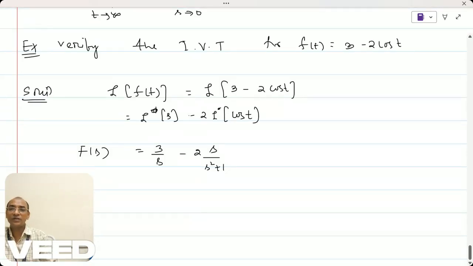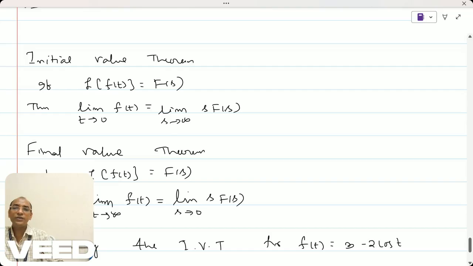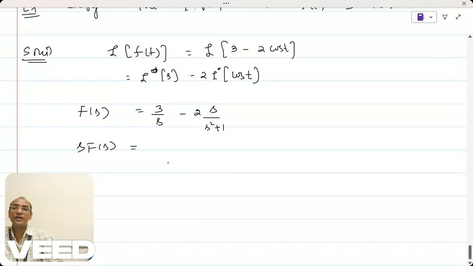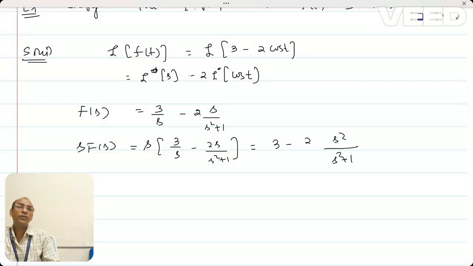Now I will find s into F(s), because in the initial value theorem I have to find s into F(s). So what will we get then? s into 3 by s minus 2s by s square plus 1, by s square plus 1. Further we can write this as 3, multiplying s with each term, minus 2 s square by s square plus 1.